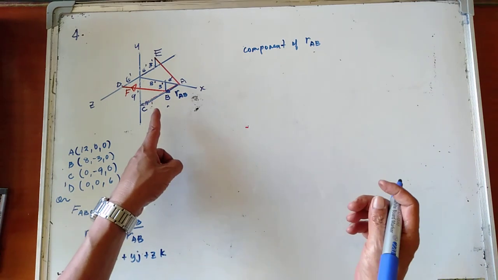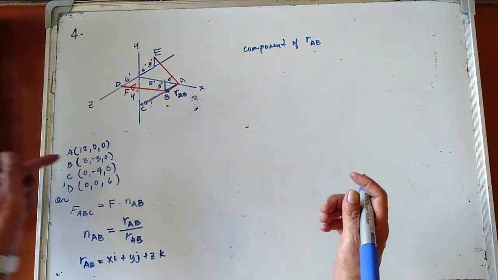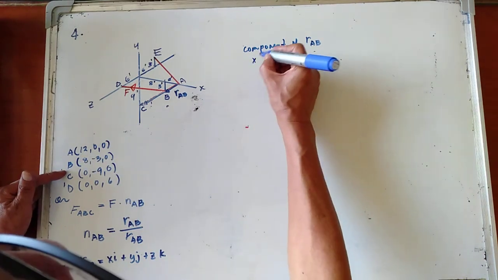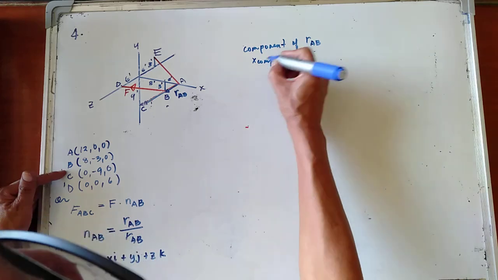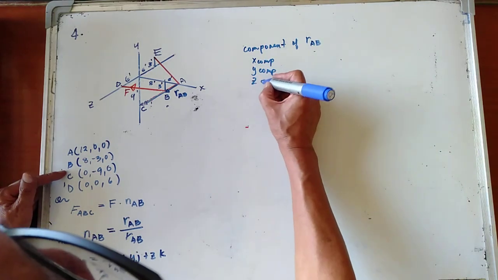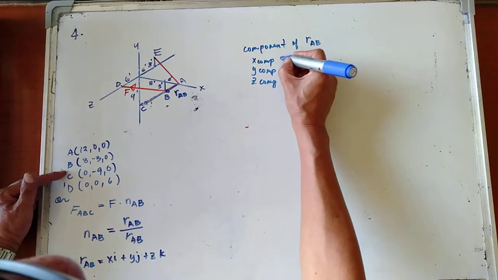Components of the distance AB, so that is from A to B. So we have 8 minus 12. So we have your X component, your Y component, and your Z component.